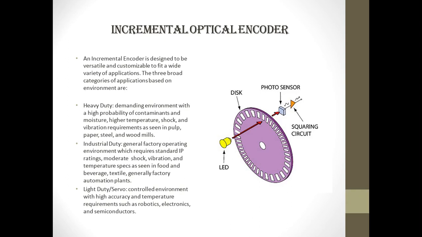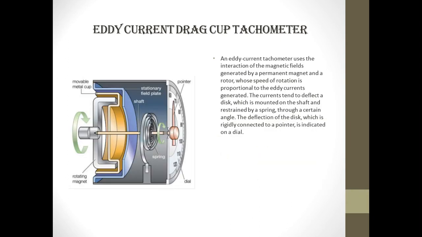Now the next device that we are going to study for speed measurement is eddy current drag cup tachometer. Now in eddy current drag cup tachometer, we have a ferromagnetic core which rotates proportionally to the rotating shaft or the rotating wheel, and the rotor is made up of a thin aluminum cylinder which is known as a drag cup.